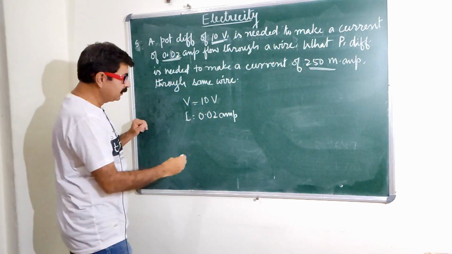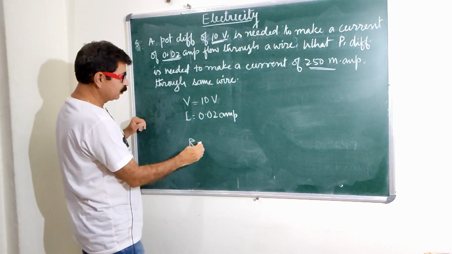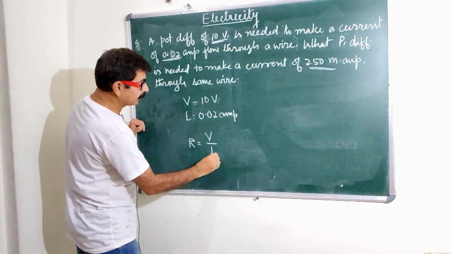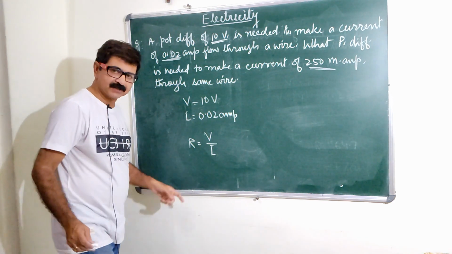यहां से हम R फाइंड करेंगे तो R इज इक्वल्स टू हो जाएगा V अपॉन I. V इज इक्वल्स टू IR से.